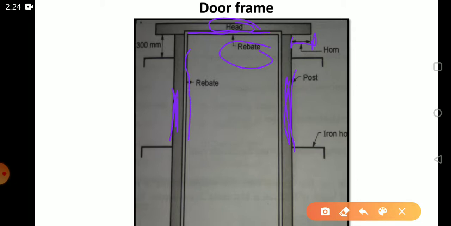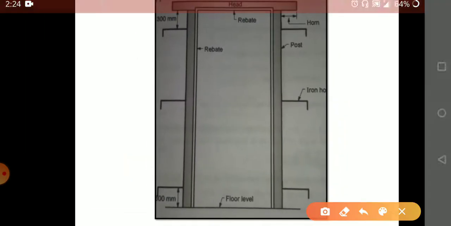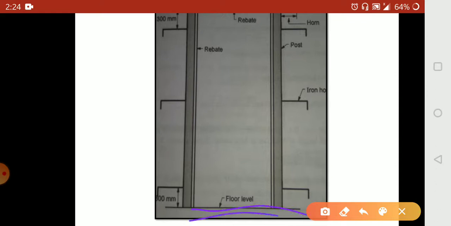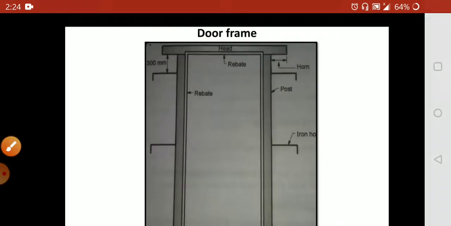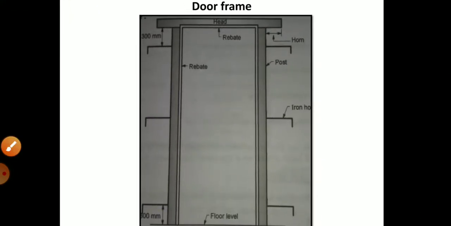These are all rivets from this side. Here is the iron hook in which the door frame is fixed. This side is the floor level. The distance from floor level to the iron hook is 300 mm, and here is also 300 mm.